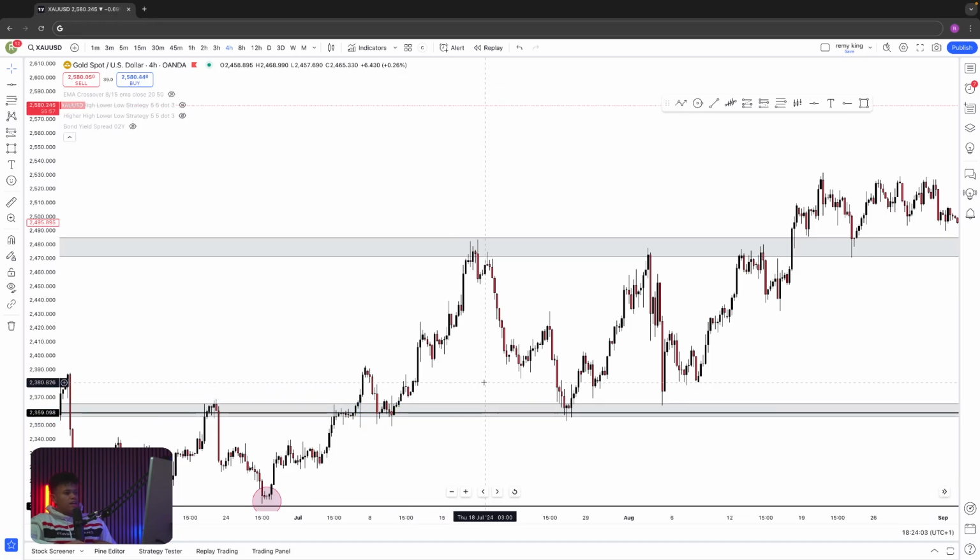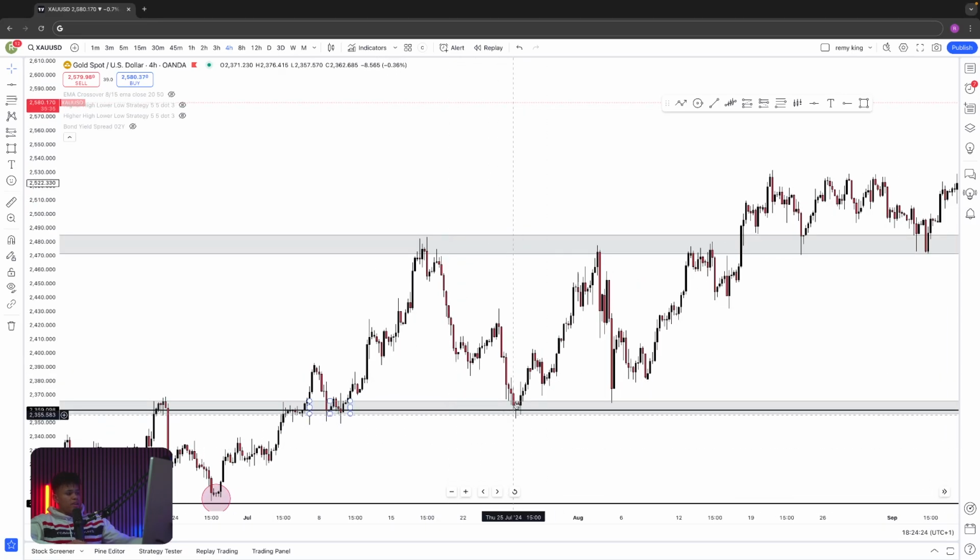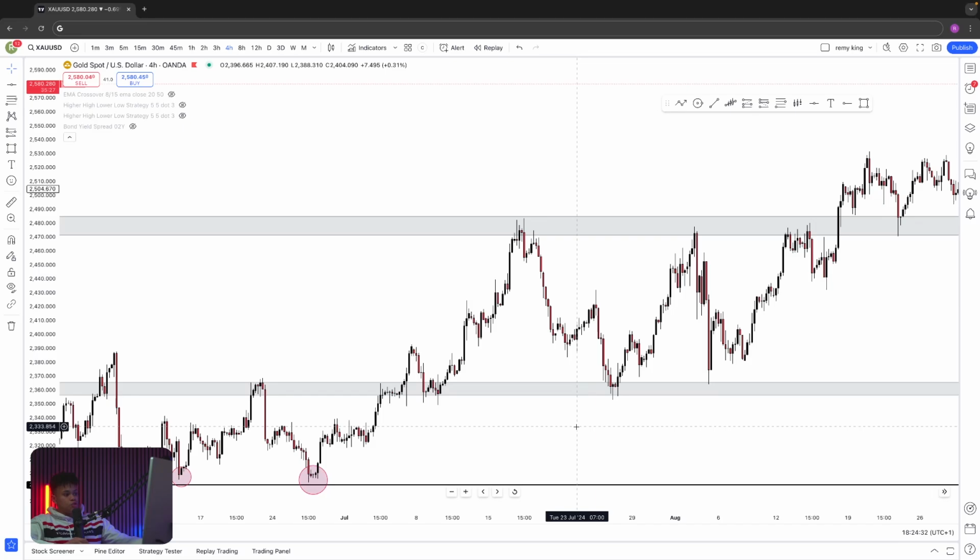And as I said before, sometimes you're going to see these wicks, but those wicks do not matter when it comes to drawing our resistance or support areas. They're just important to avoid liquidity sweeps or to place the perfect stop loss. Okay, but for now we can see that price perfectly rejected off of those areas and used it as a support.